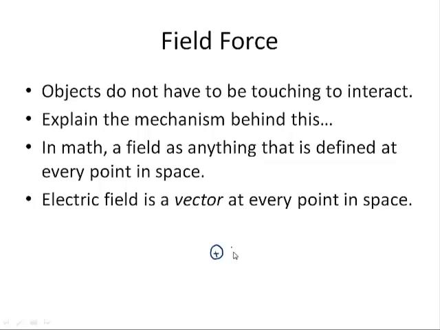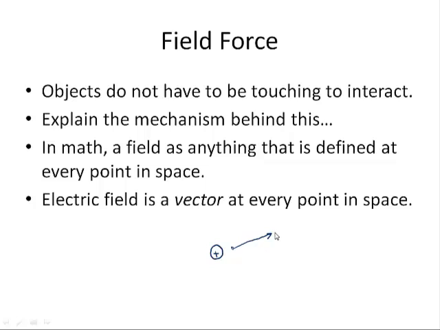The direction of the electric field is defined as the direction of the force that a positive test charge would feel if it was placed in that location in space. If we put a charge in this place in space, a positive charge would feel a force away from the charge, a repulsive force.